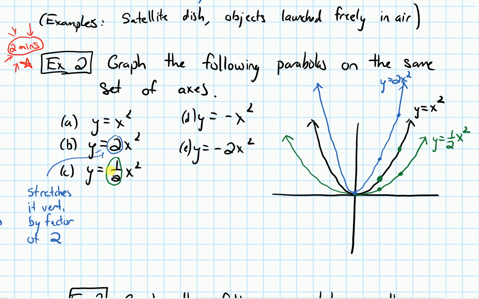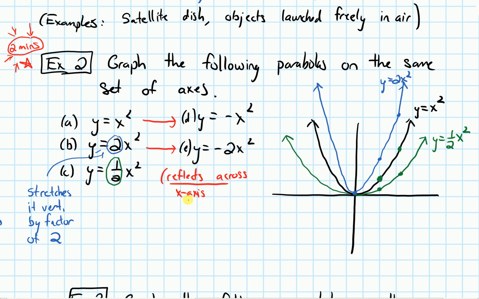So that's how having a different positive number in front of the x squared is going to affect the shape of our parabola. When we stick a negative in front of these, so from A to D, we put a negative in front of the equation. And same thing from B to E. We put a negative in front of the formula. What that does is it reflects our graph across the x-axis.